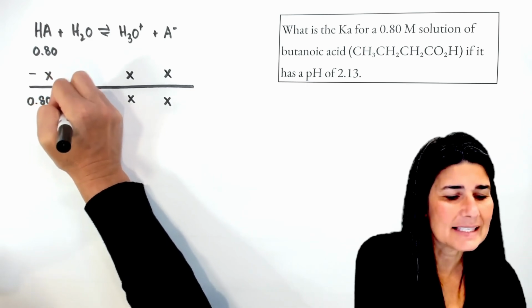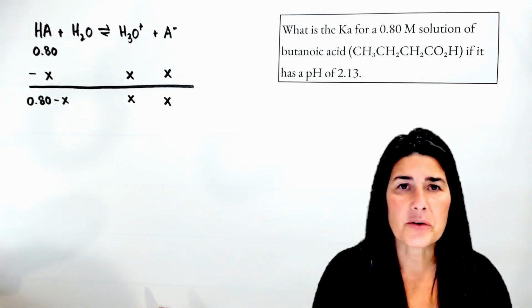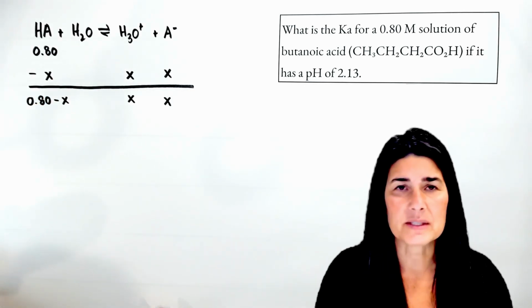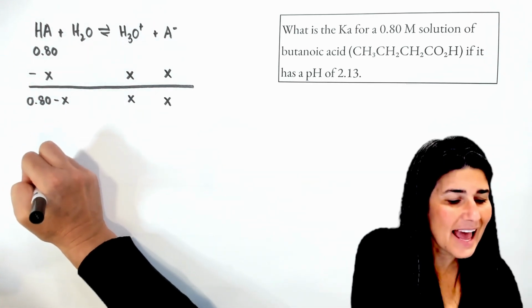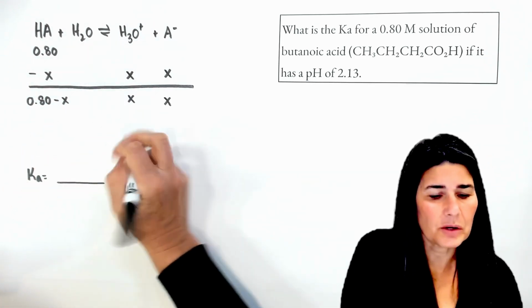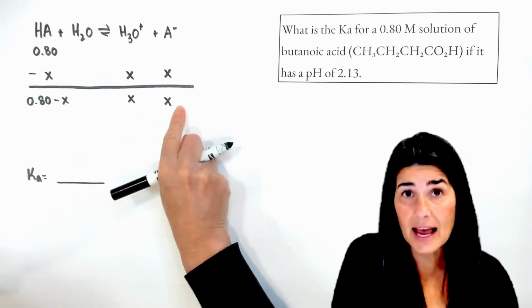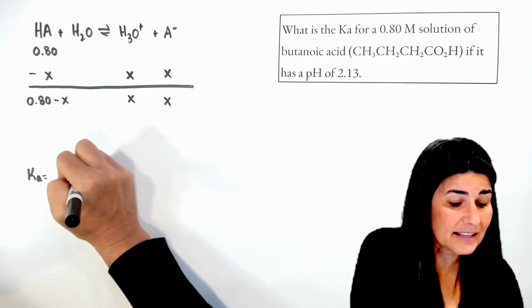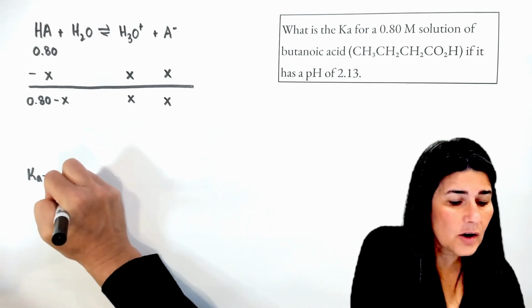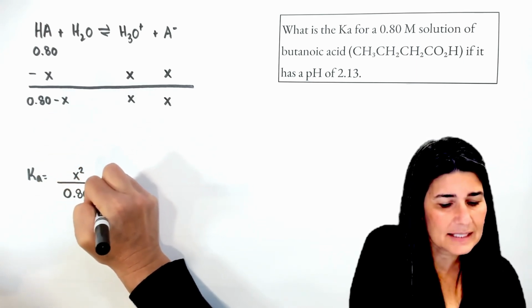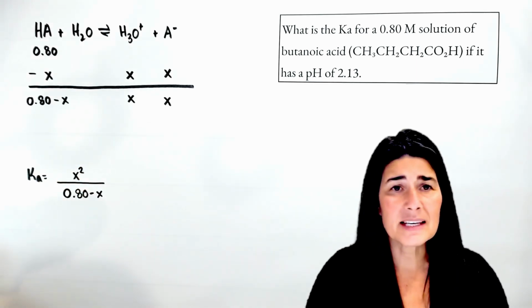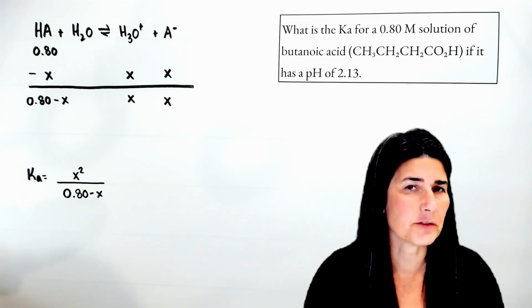0.80 minus X. Now we'd like to take those values and set them equal to our Ka. The Ka here will be equal to X times X, or X squared, all over 0.80 minus X. Well, at this point, we're kind of at a standstill for a moment.